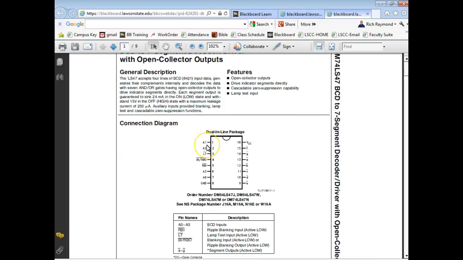This A is the least significant input right here. So this would be A, this would be B, this would be C, and this would be D. So A0 is the least significant.